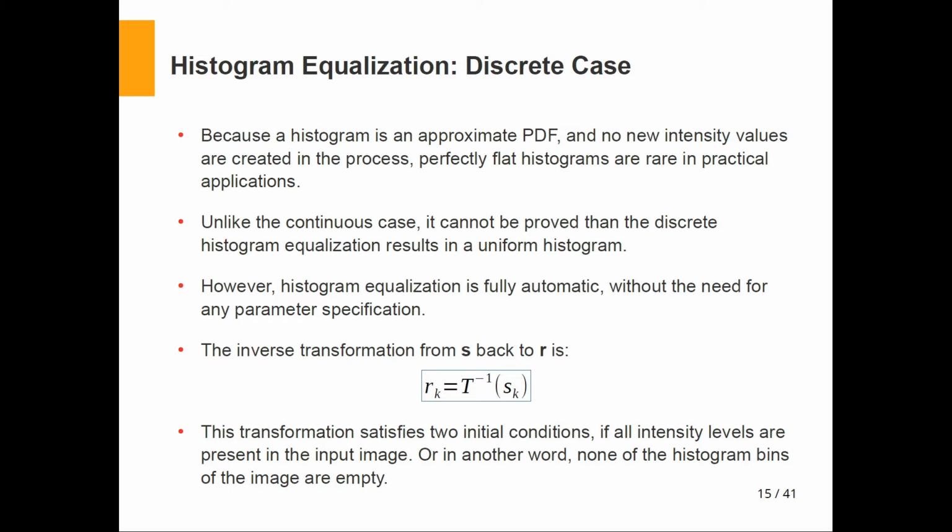So this transformation satisfies the two initial conditions that we discussed only if all intensity levels are present in the input image. In other words, none of the histogram bins of the input image are empty. But again, this is not something that you can guarantee for all the images that you want to process.